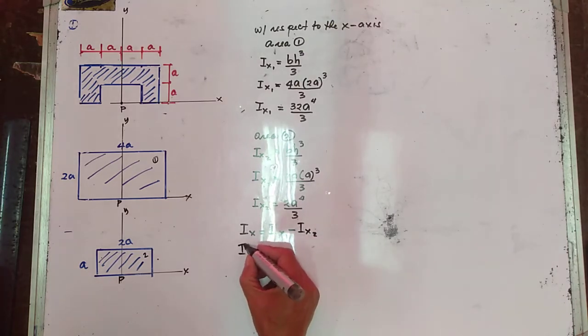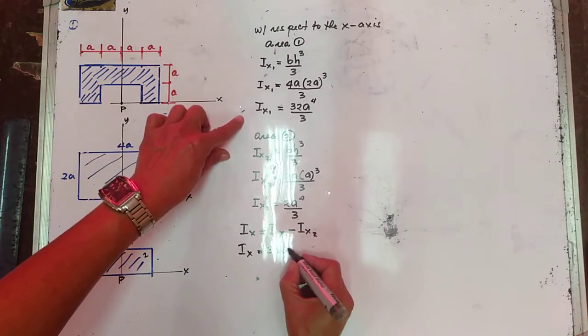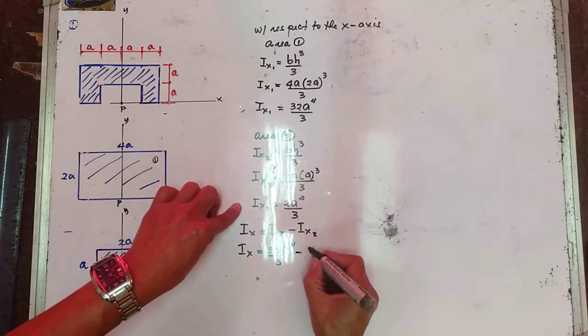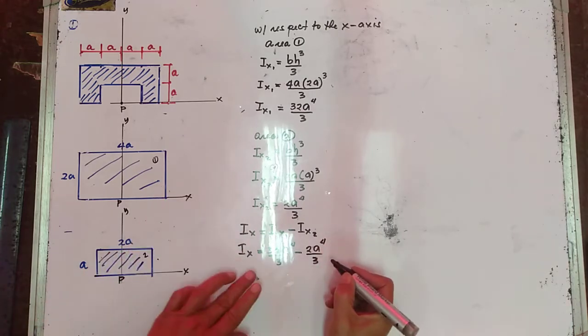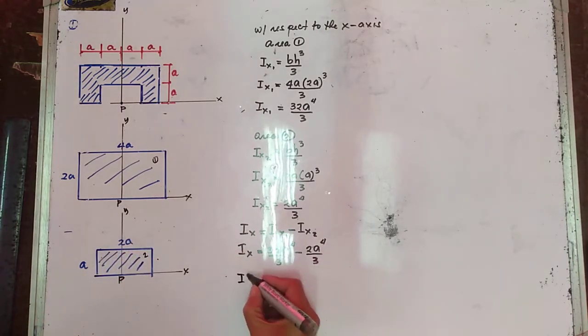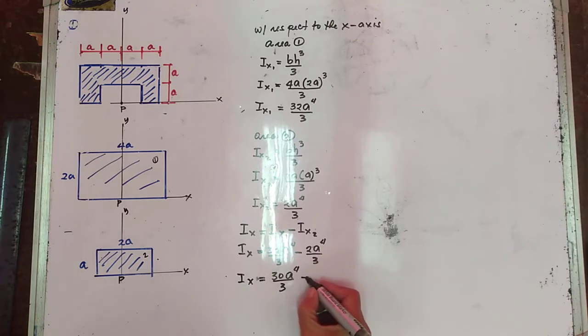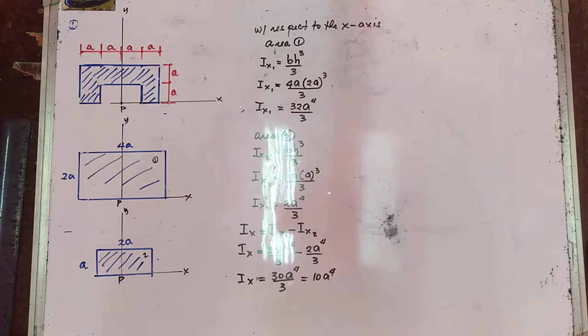So your Ix is equal to 32A raised to the fourth all over 3 minus 2A raised to the fourth all over 3. We now have Ix equal to 30A to the fourth all over 3, or this is equal to 10A to the fourth. So that is the moment of inertia with respect to the x-axis.